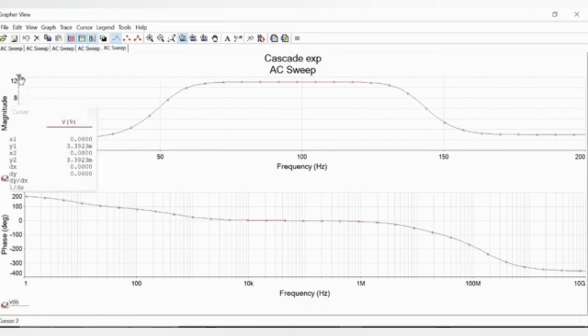I'm going to fix a point where the values are constant. I have fixed this as f1 and this as f2, and I'm going to calculate the bandwidth in this range, which is f2 minus f1, between these points.